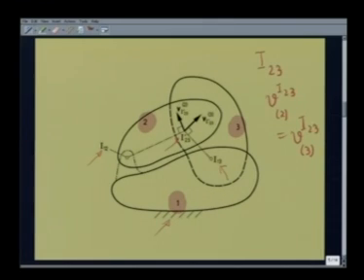But suppose it lies here, then this velocity vector of I23, if I consider it to be a point on body 2, must be in this direction, that is perpendicular to the line joining I12 and I23.